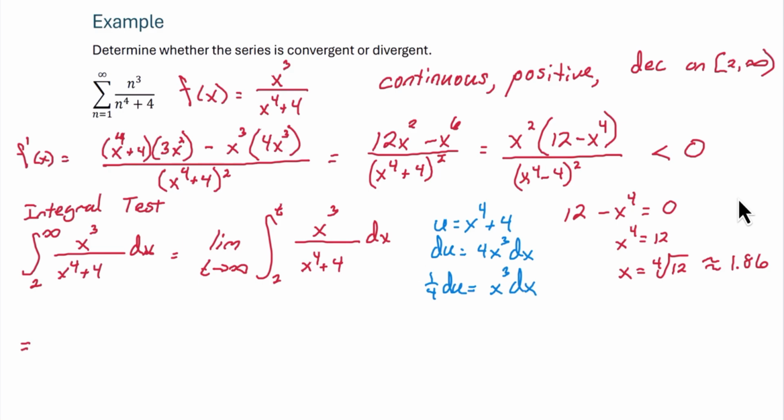Now rewriting that limit, we have the limit as t approaches infinity, integral 2 to t. Again, rewriting this in terms of u, we now have 1/4 times 1 over u du.